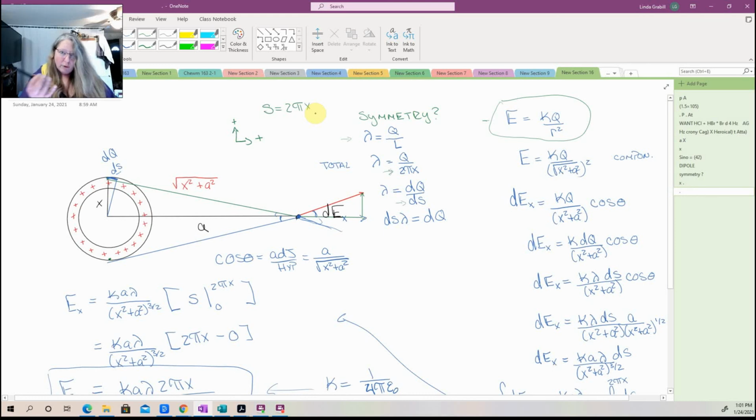So we're just going to pull out those pieces that define the geometry of the object that we're looking at, and therefore the little chunks that we're adding up. And then the second really biggest thing is to look for symmetry, because if you have things that cancel out top and bottom, you want that. That's going to make your life so much easier.